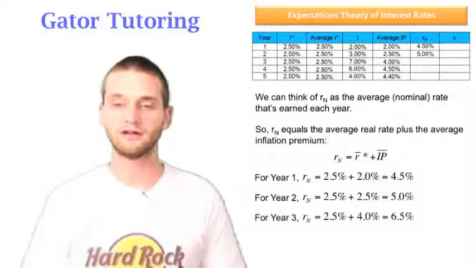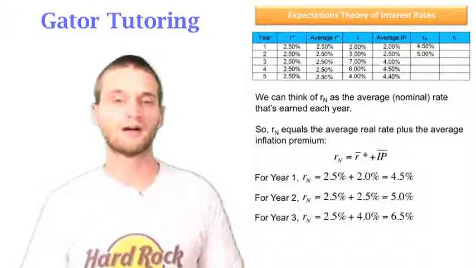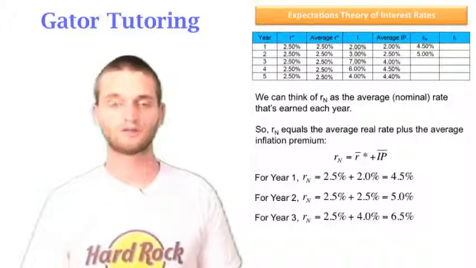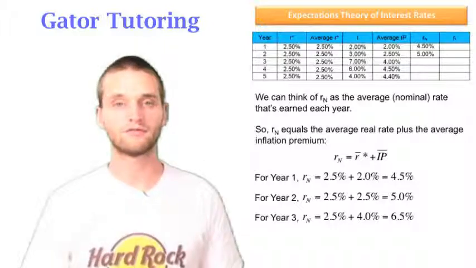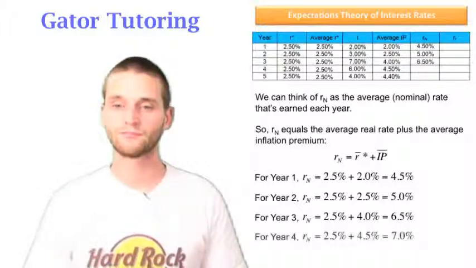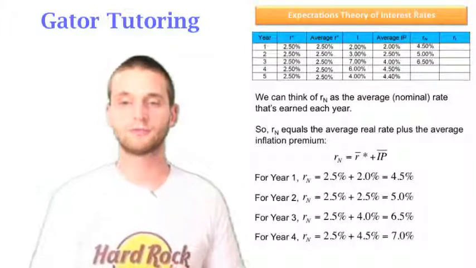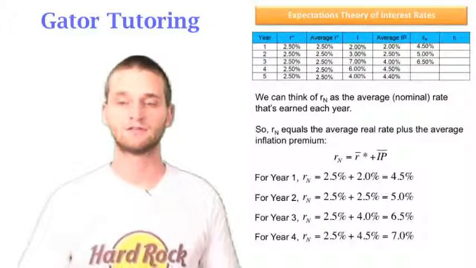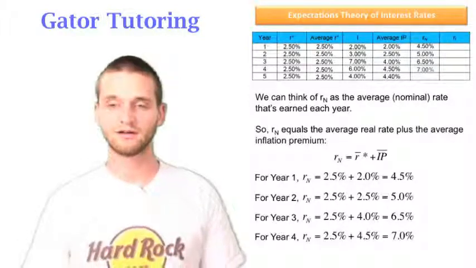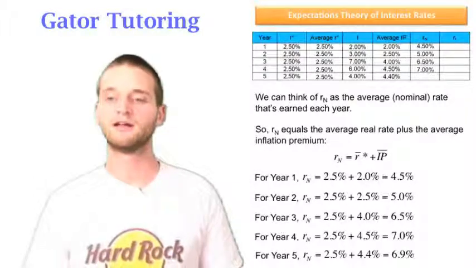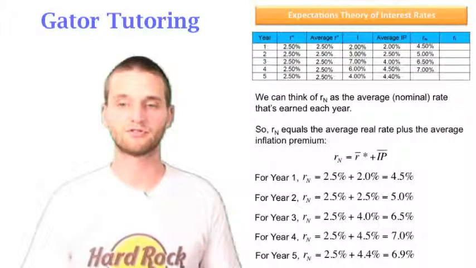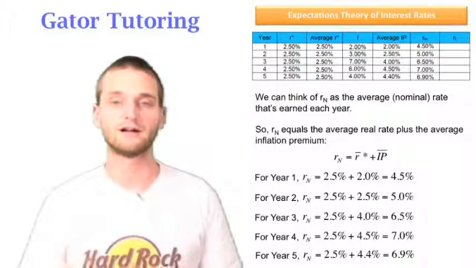In year 3, the average real was 2.5%, the average inflation was 4%, that gives us a long rate in year 3 of 6.5%. In year 4, it was 2.5% and 4.5%, giving us a long rate of 7%. And in year 5, we add 2.5% to the 4.4%, and that gives us a long rate of 6.9%. So that's a long rate for year 5.